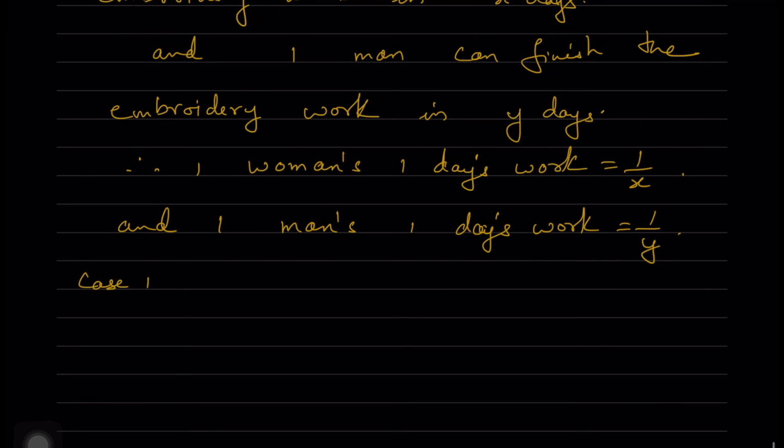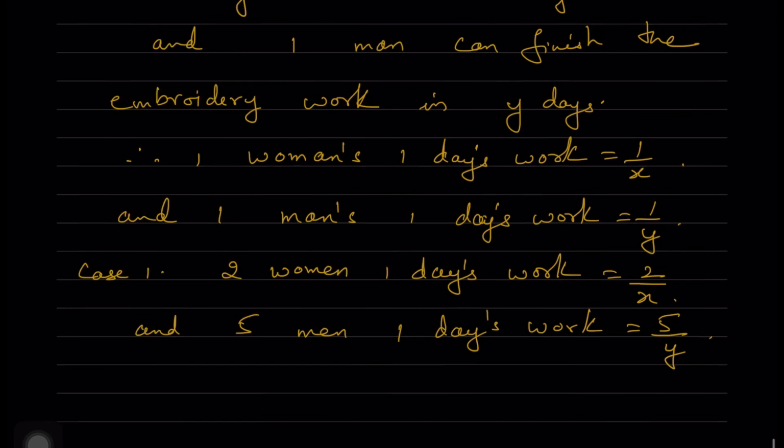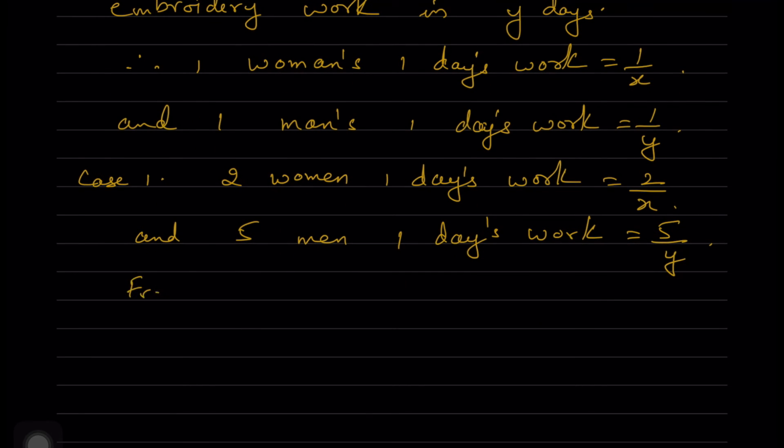So in case 1 we have 2 women's 1 day's work and 5 men's 1 day's work, together they can complete in 4 days. So 2 women's 1 day's work is equal to 2 by x, and 5 men's 1 day's work is equal to 5 by y.